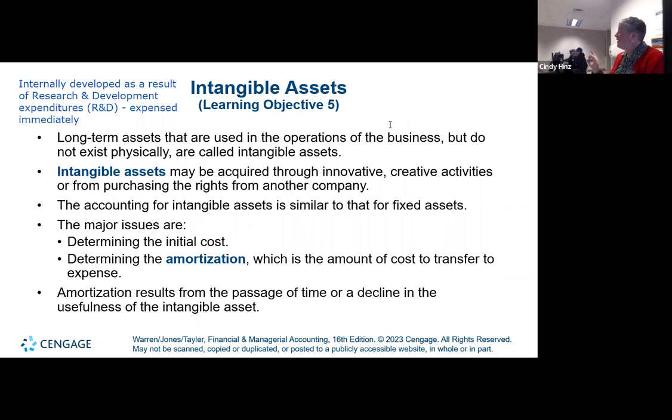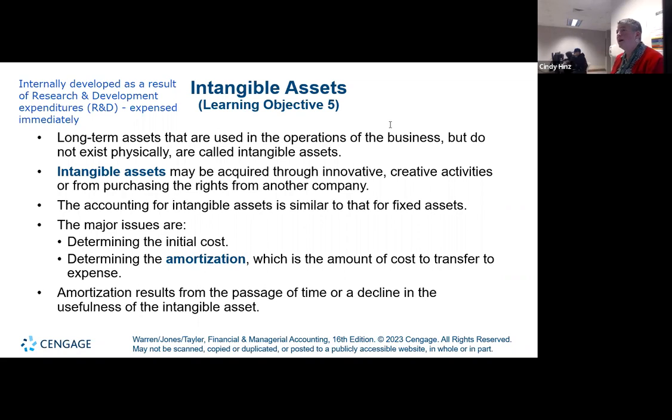Now we see that the value of those for most companies also doesn't show up on their balance sheet. So what that should tell you is the total assets on their balance sheet are usually greatly understated compared to the actual value of that company.